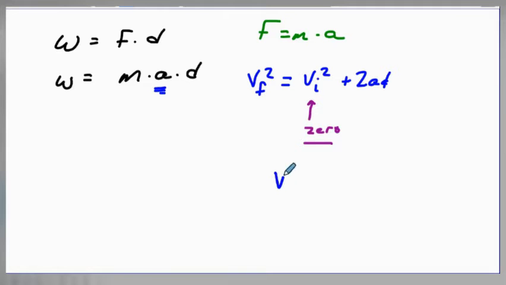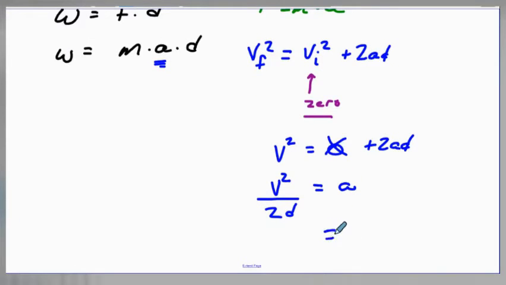So the velocity squared is equal to 0, but we don't need to write the 0, plus 2 times AD. So I can rearrange this to find out what A is. And A would be V squared divided by 2D.